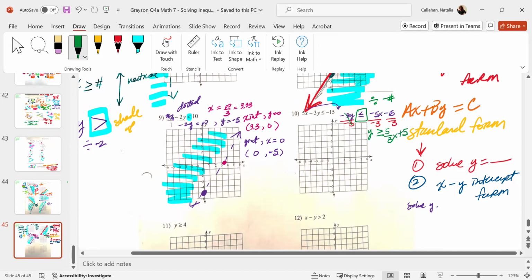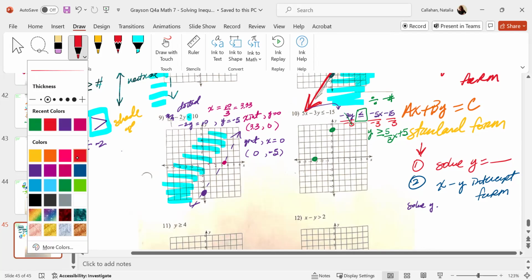Do you see that? When I graph this, where do I start? You don't start at negative 3. It's a positive 5. Okay. And then do you go up or down?